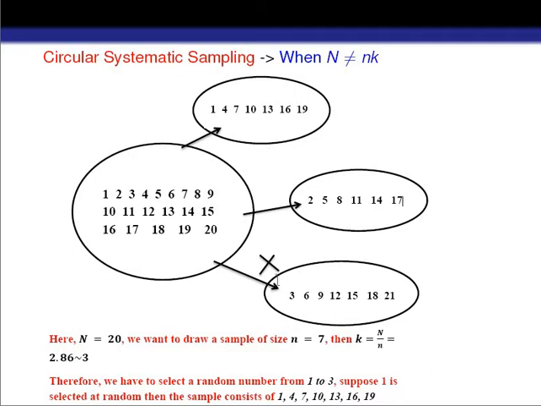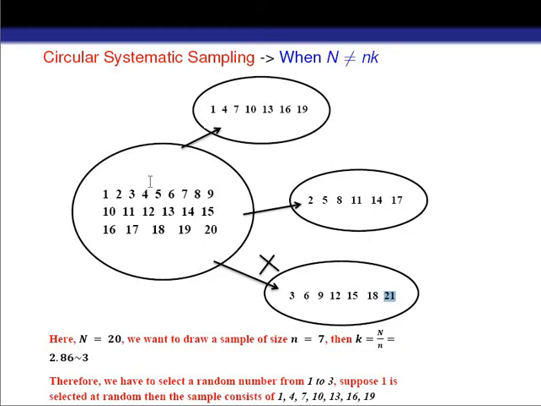Now if 3 is selected randomly for our first unit, the first unit will be 3, and if we use the previous formula, 3 plus 3 is 6, 9, 12, 15, 18, and then we will get 21. But this 21 is not included in our population.